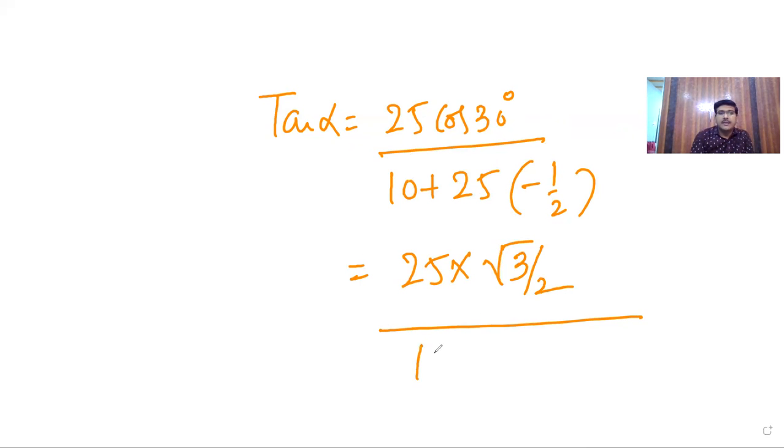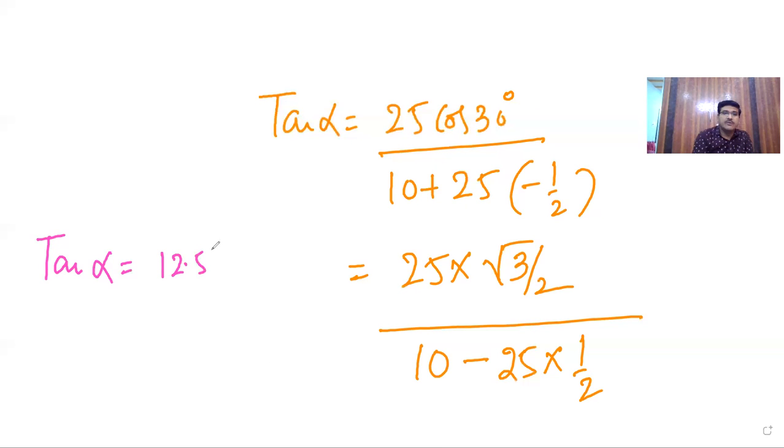by 10 minus 25 into half. On simplification, tan alpha is 12.5 root 3 by 10 minus 12.5, that is minus 2.5.